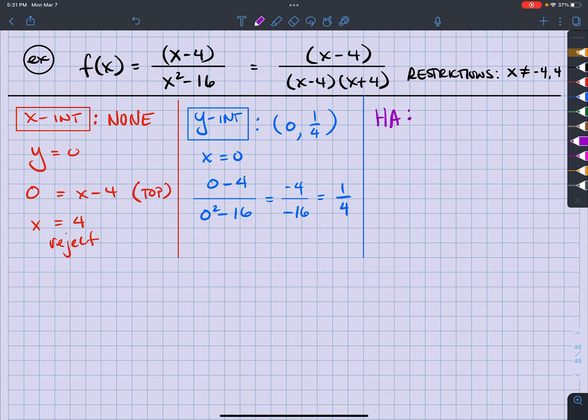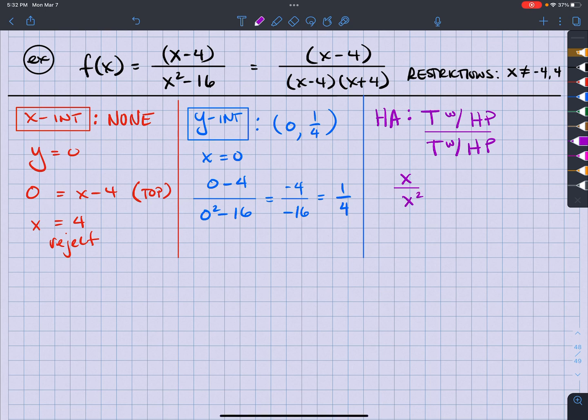Next thing is that I'm going to look for the horizontal asymptote. What I'm comparing is the term with the highest power on top versus the term with the highest power on the bottom. If I look at this, on top I only have an x, and on the bottom I have an x squared.